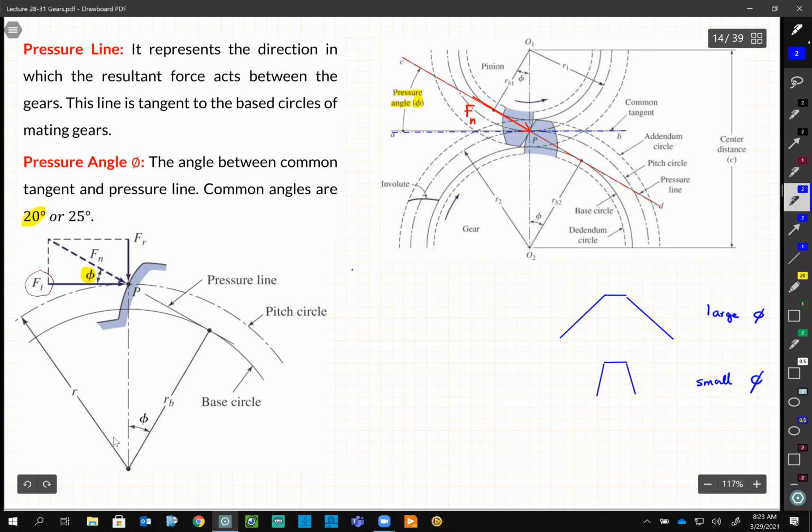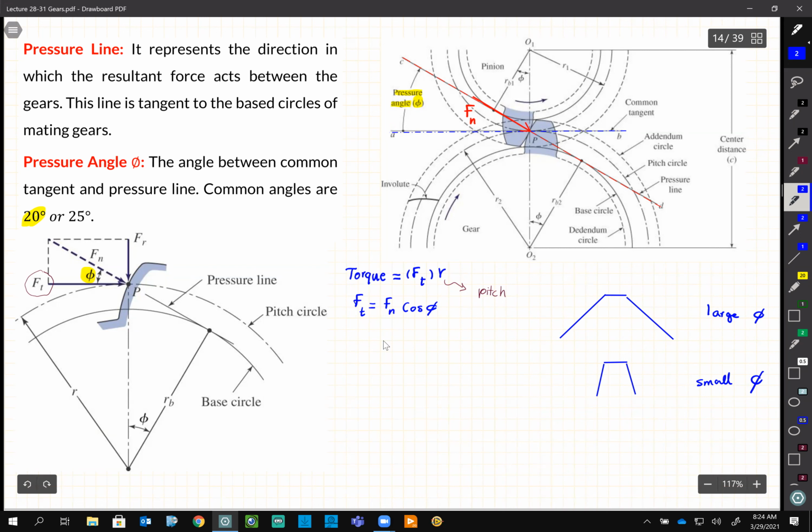So the torque that I can get on a gear will be Ft multiplied by R, which again, R is the radius of the pitch, right? I emphasize it because I've seen students making this mistake. And you can see Ft is Fn cosine phi. So the smaller this phi, the larger this Ft is going to be, right?